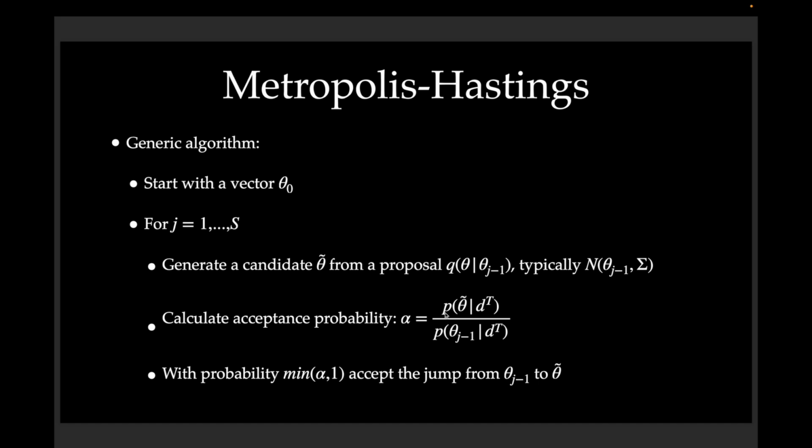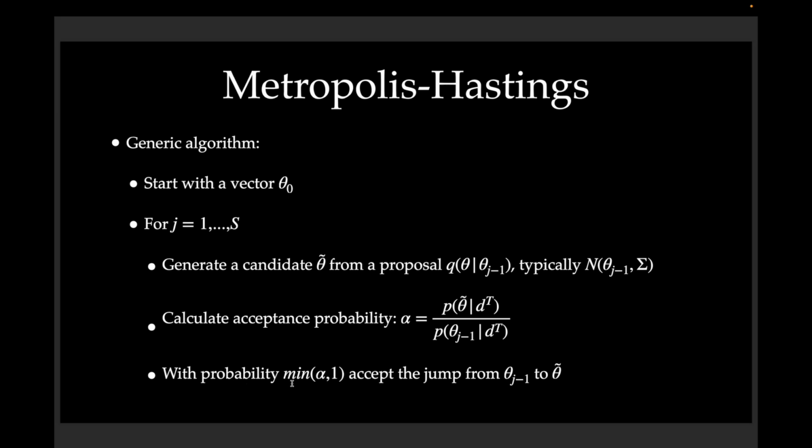And then we're going to compute the so-called acceptance probability. So we are going to evaluate the posterior at my new draw, that's right here, in the numerator, and compare this to the posterior where I'm currently at my old draw. Remember, the idea is always jump uphill and sometimes jump downhill.